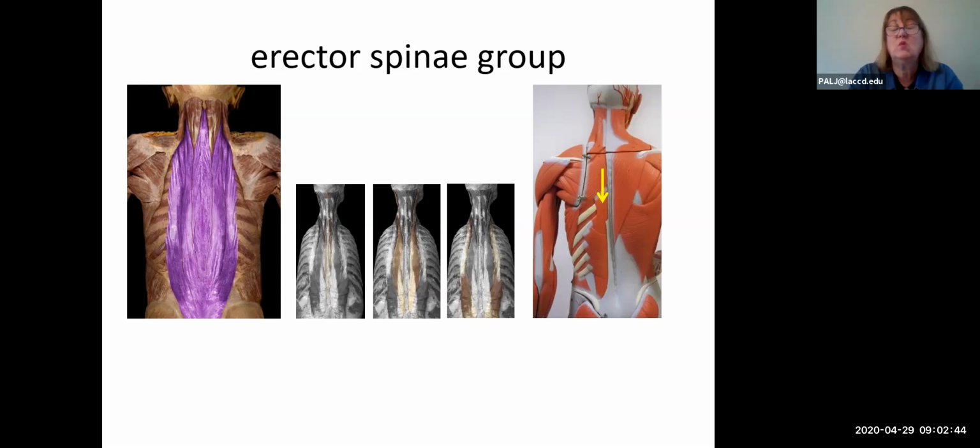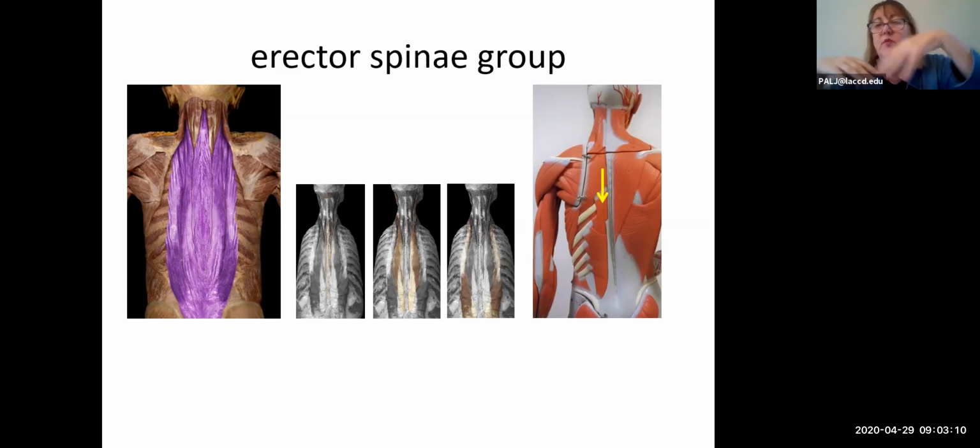And there's actually 3 different muscles portrayed in these black and white pictures in the middle, and they each have different names, and we're not going to learn them. We are going to be learning the muscles as a group because they all do the same general function. And their general function is that they help keep you in an upright position.